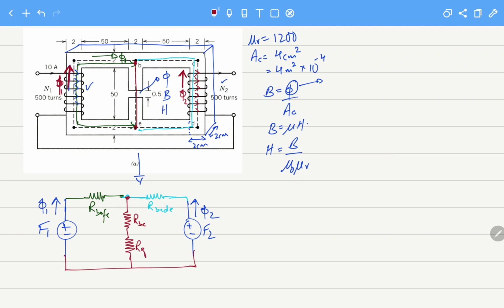So this is how I have modeled the core into a magnetic circuit. How do I know which is which? You can see the flux 1 and flux 2: from RBAFE, this green one is one reluctance, and one flux is flowing through this area. BCDE, the blue one, has one flux flowing through it, and in the center branch there is a division or addition of the flux.